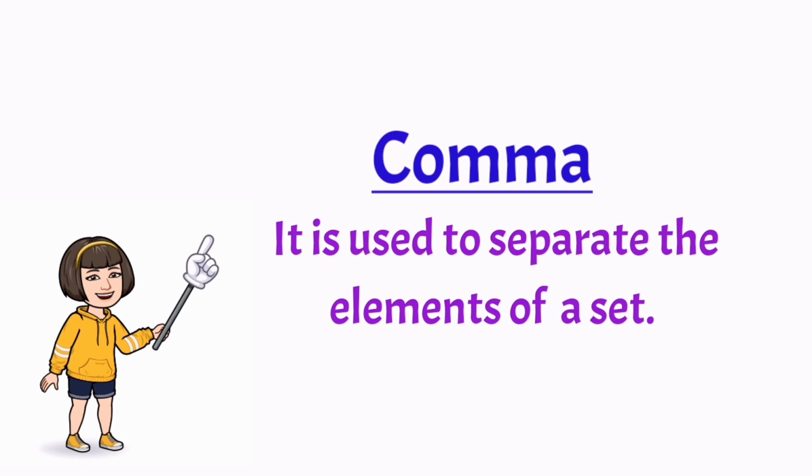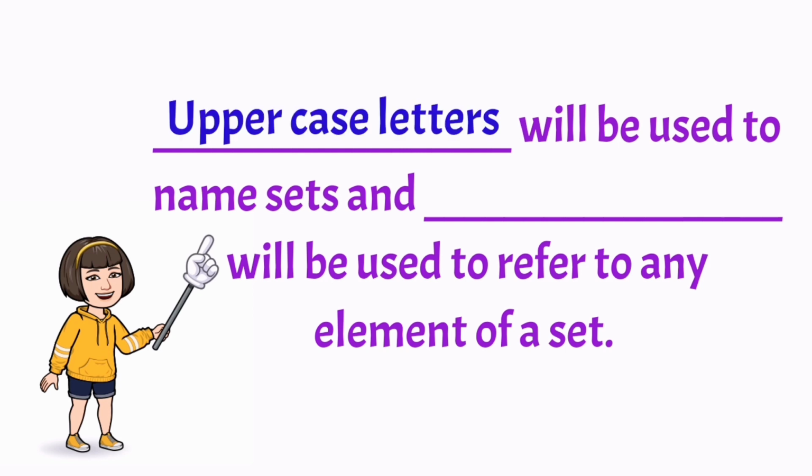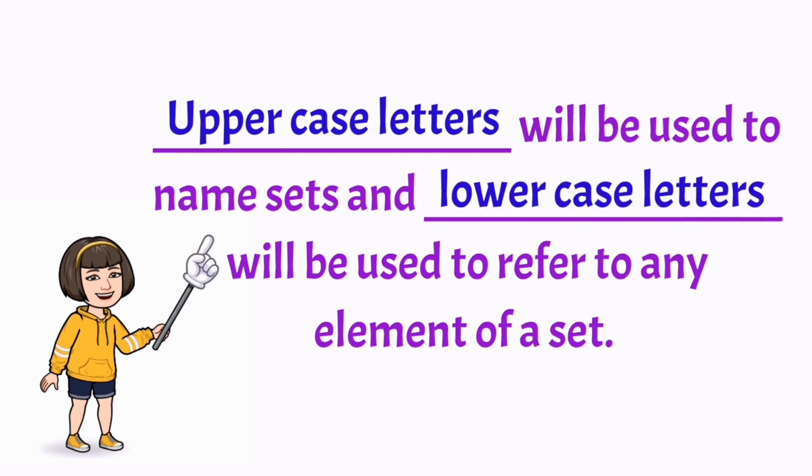Comma. It is used to separate the elements of a set. Uppercase letters will be used to name sets, and lowercase letters will be used to refer to any element of a set.